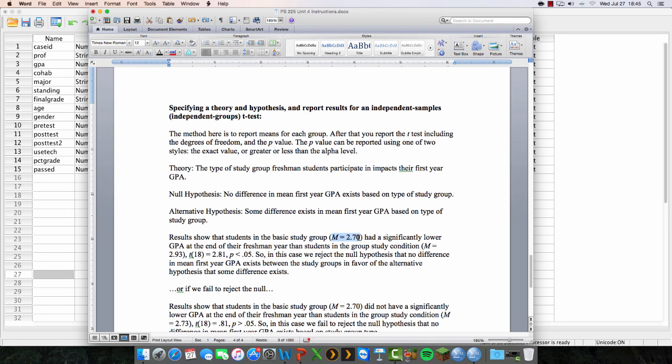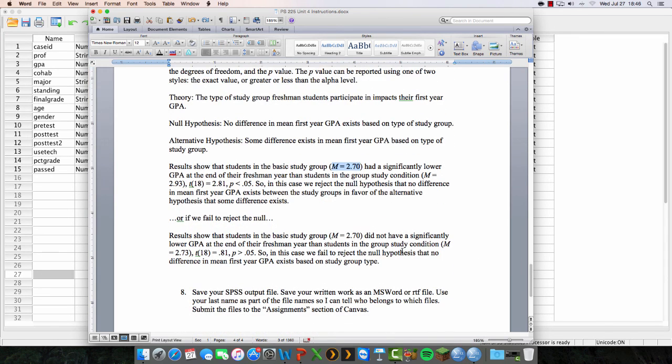You report it with the mean. In the case of the example we just did, we'd report the mean percentage scores. We'd report the degrees of freedom, the value of the t-statistic, and whether or not it was above or below 0.05. Of course, for the example we just did, we would use this one because it was a case where we failed to reject the null. But at this point, I'm sure you're catching on. You see things clearly and how they're structured. Shouldn't be any problem for you to plug the right stuff in.